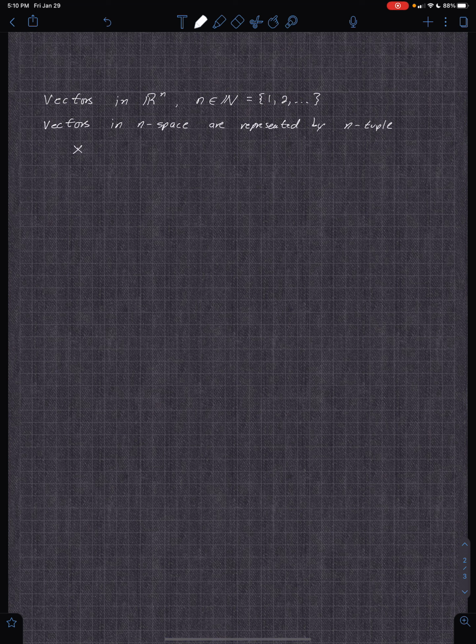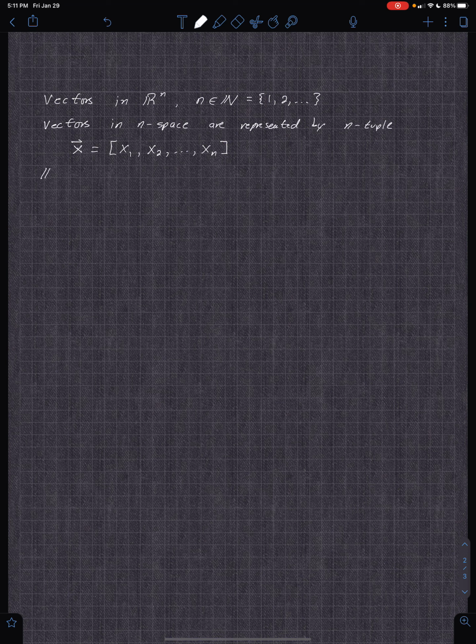I'll start this off with an x, and then a vector just like before. We use subscripts, so it's x sub 1, comma, x sub 2, comma, etc., all the way to x sub n. So that would be a vector in n-space.